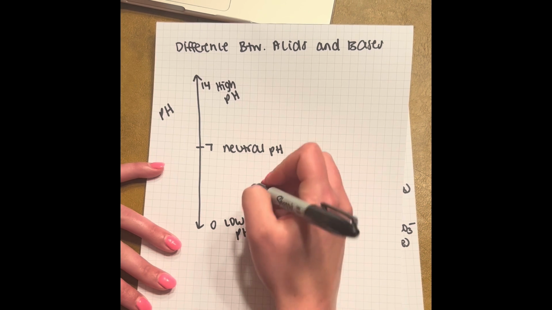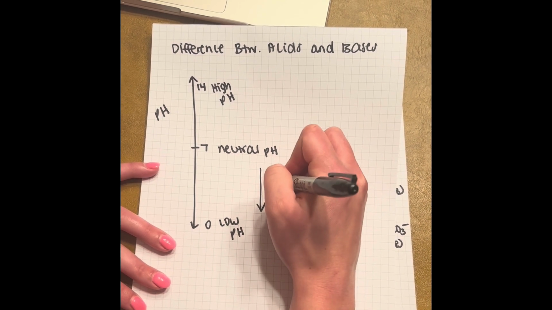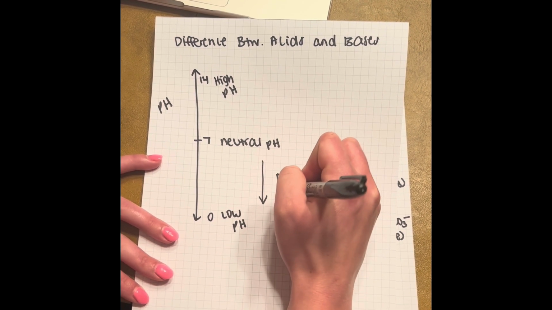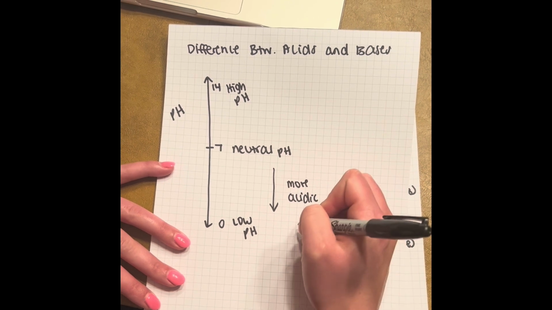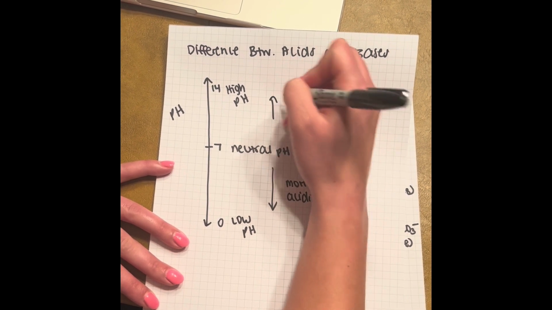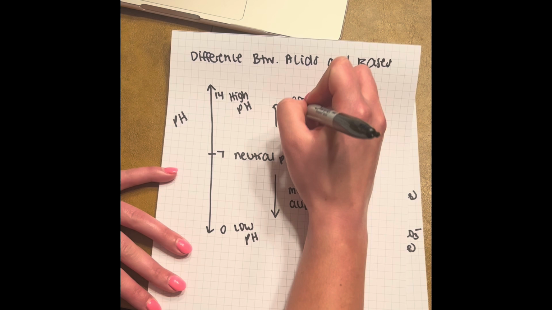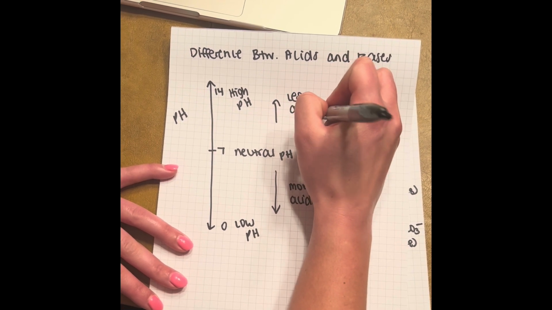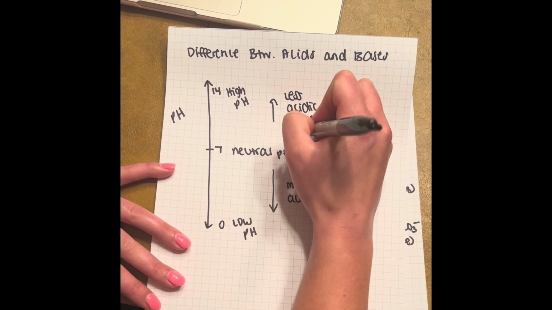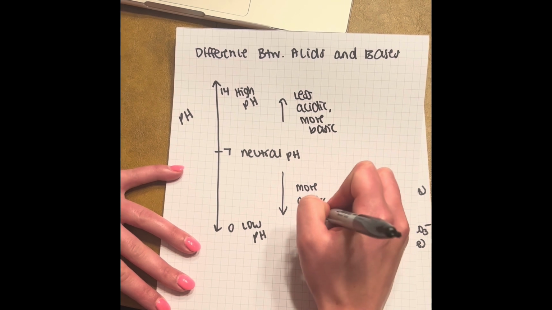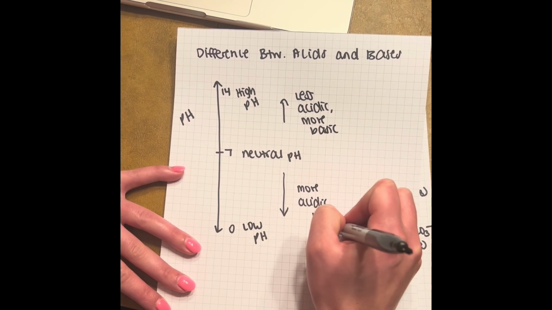The lower the pH, the more acidic something is. And the higher the pH, the less acidic, more basic something is. Right?